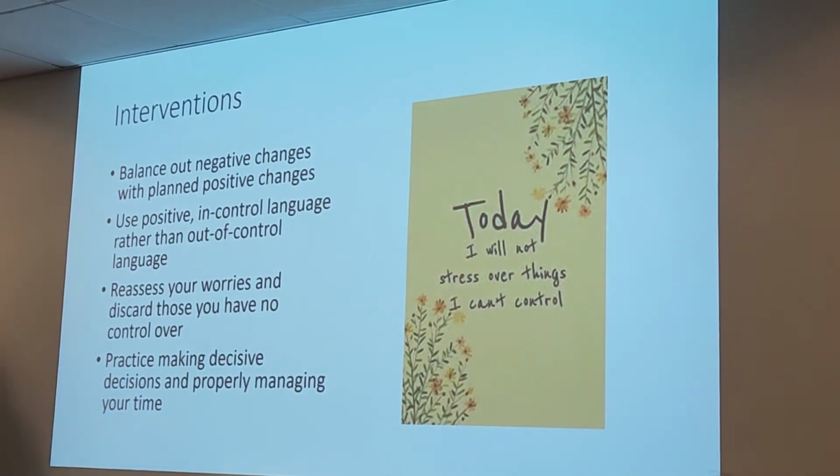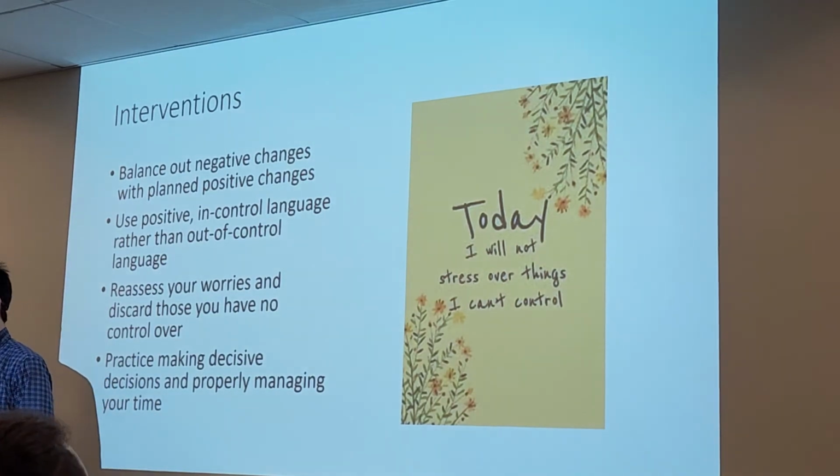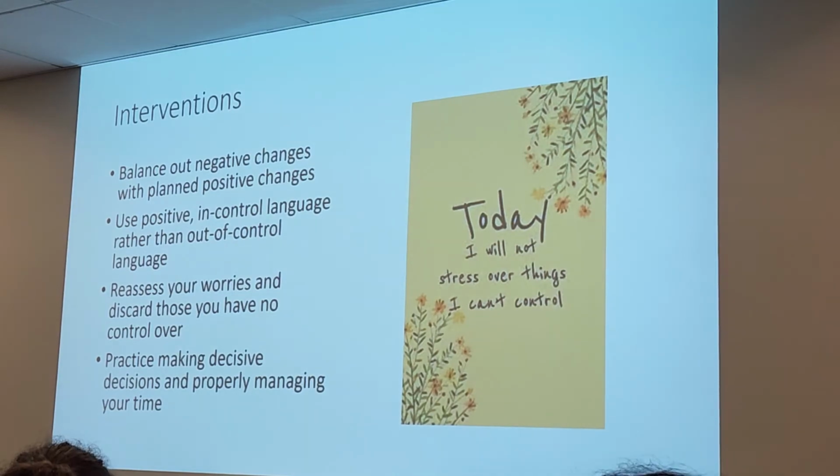Reassess your worries. Discard those worries which you have no control over. If we look at this little picture here, it says: Today, I will not stress over things I cannot control. For example, a very common stress for students. You take the exam, you finish your exam, but you do not have your grades yet.